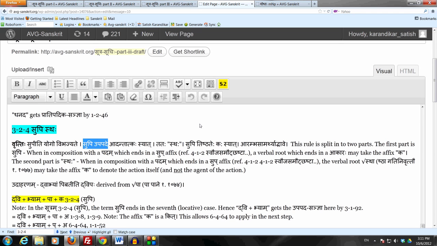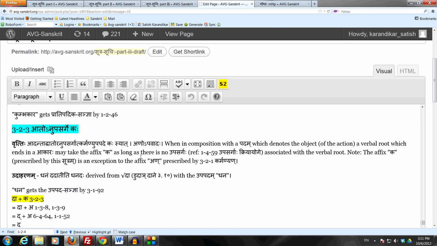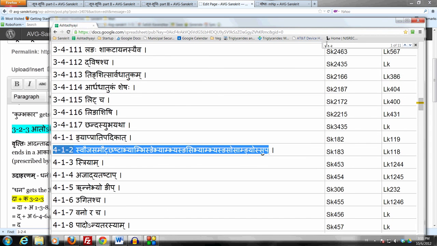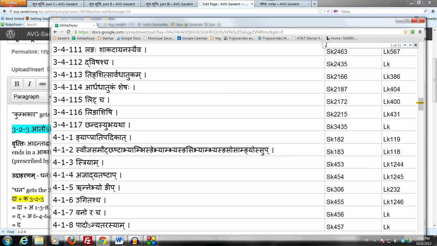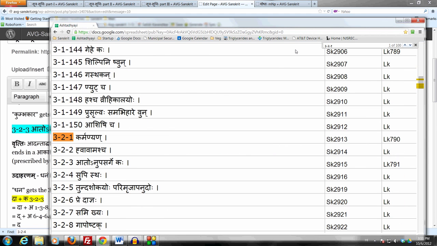This only needs any upapadam which is having a sup ending, while the prior sutram ato nupasarge kaha required karmani. Karmanya upapade, because karmanya anuvritti is starting from 3 2 1, karmanyan, while this one says supi. So please note that the difference is that this sutram doesn't require karmanya upapade. As long as any subantam is the upapadam, this sutram may be applied.